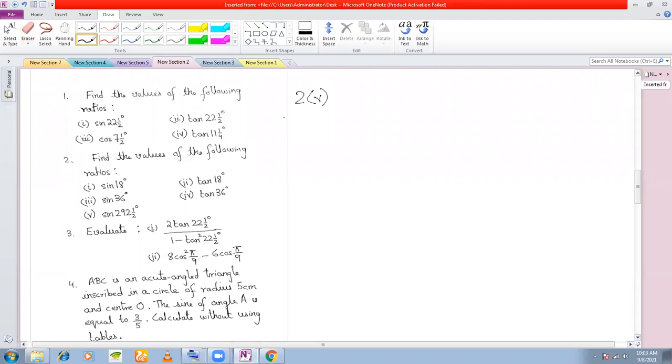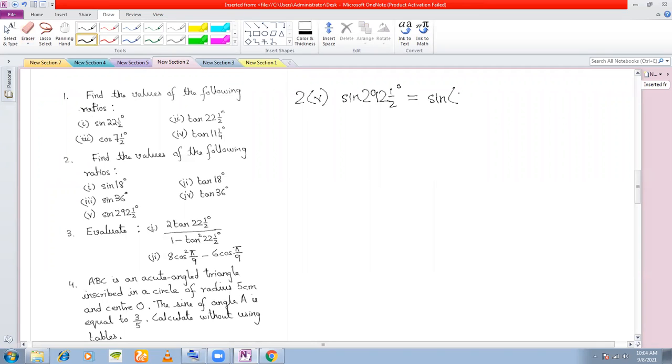You have to find out the value of sine 292.5. Now sine 292.5 degree, you change it into an acute angle first. So what can you write this as?